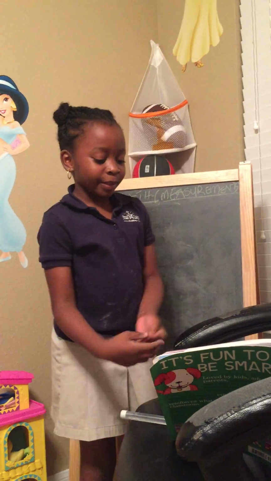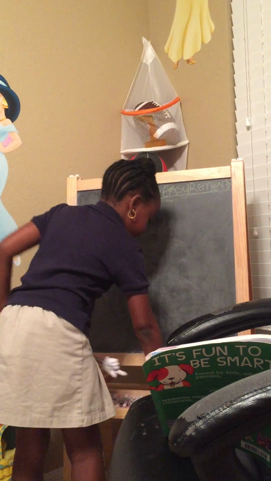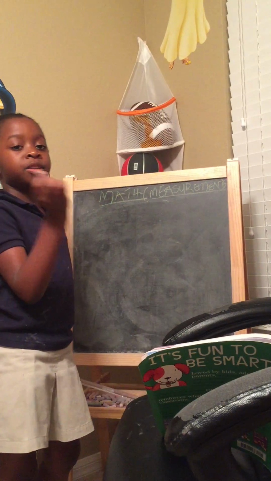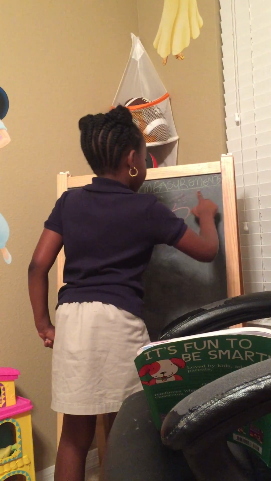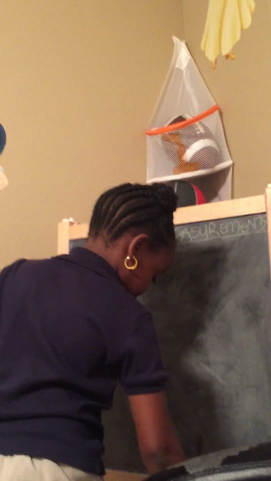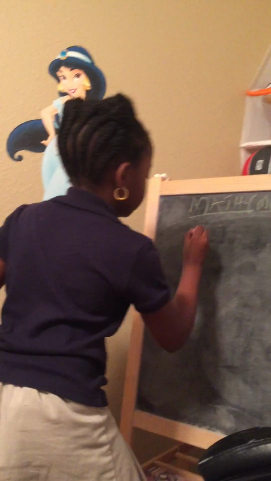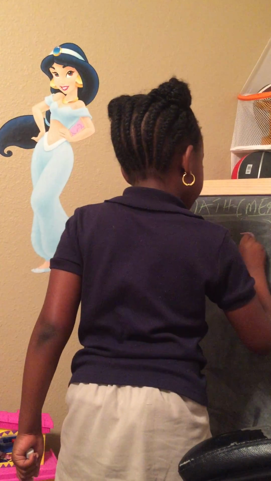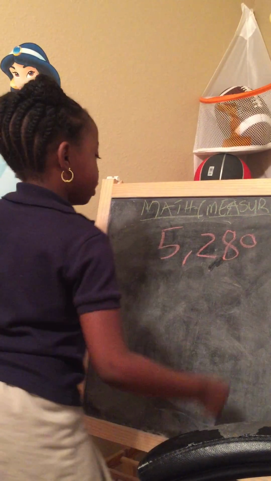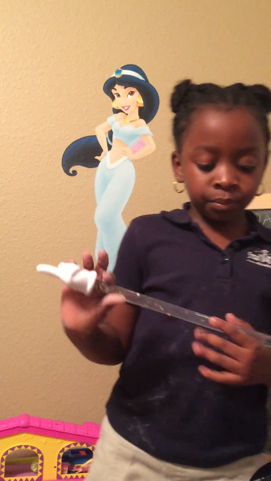Alright. So, it's set. Instead of drawing tally marks of 5,280, instead of drawing tally marks of this, and then again, you can just go like this.